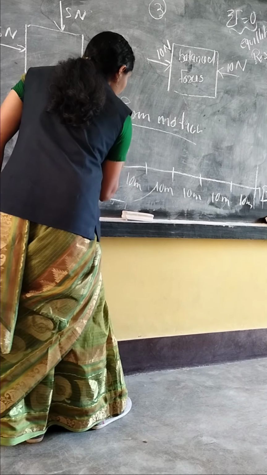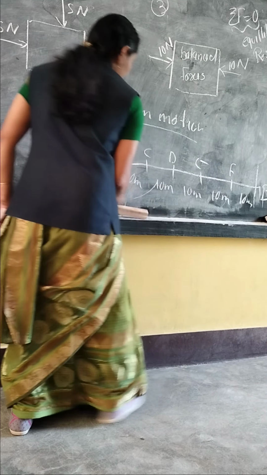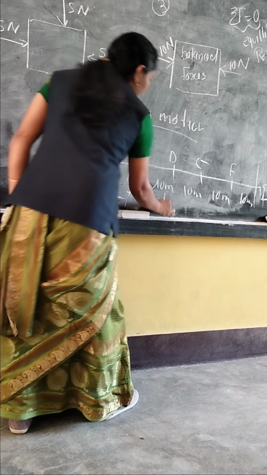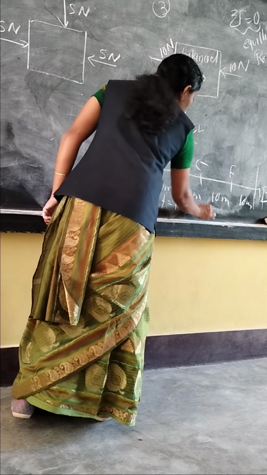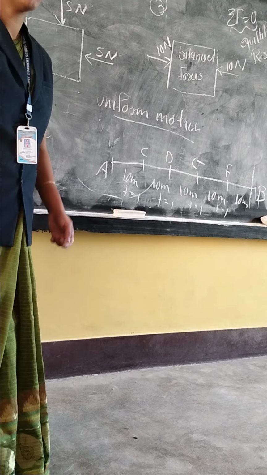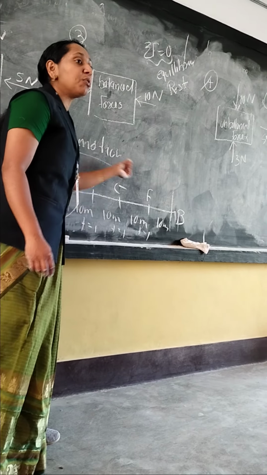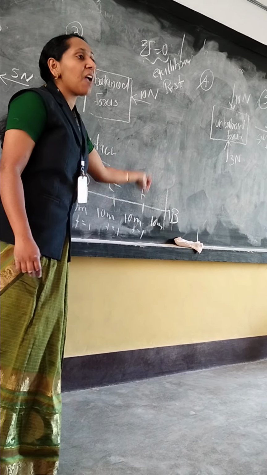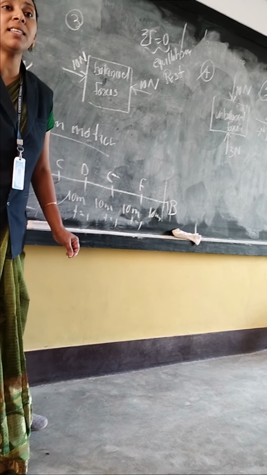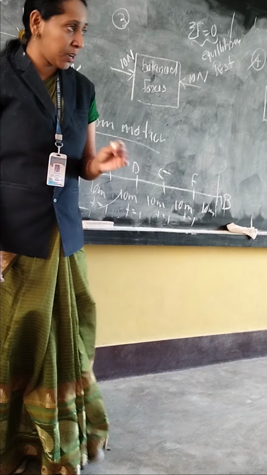The ball is moving from A to C, D, E and F. Timing is 1 second, 1 second, 1 second and 1 second. Every timing is the same, 1 second. So the ball is moving from A to C, C to D, D to E, E to F and F to B. This movement is called uniform motion. Equal distance in equal interval of time.